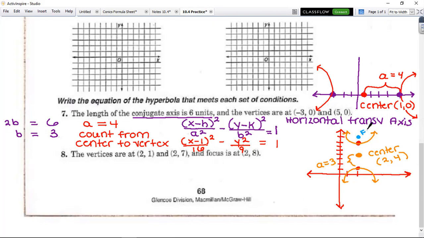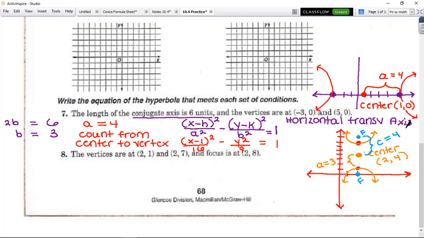Focus, which means that this one would be right here. Same distance again. Here's another focus. And what that means is that you can find your c value. Remember that your c value is your distance from your focus to your center. That's here. So I'm going to say c is equal to 4.